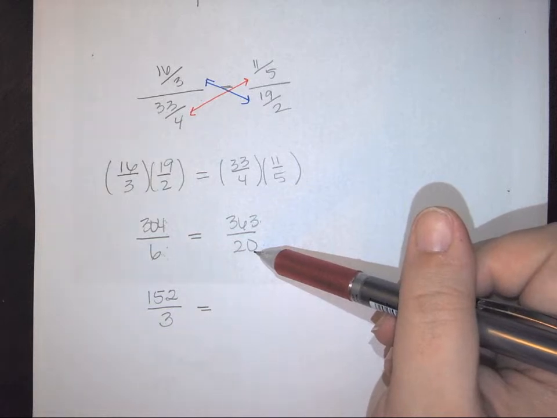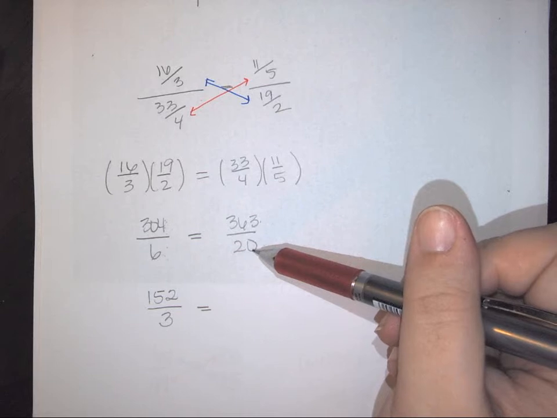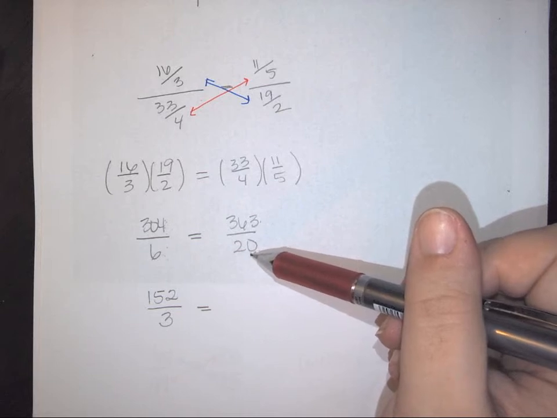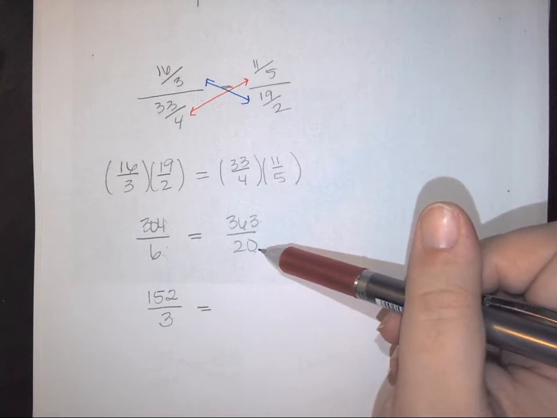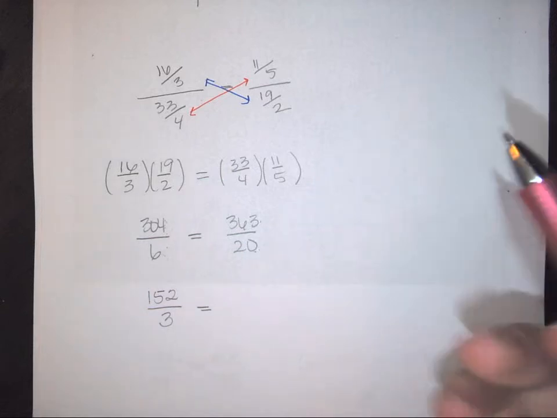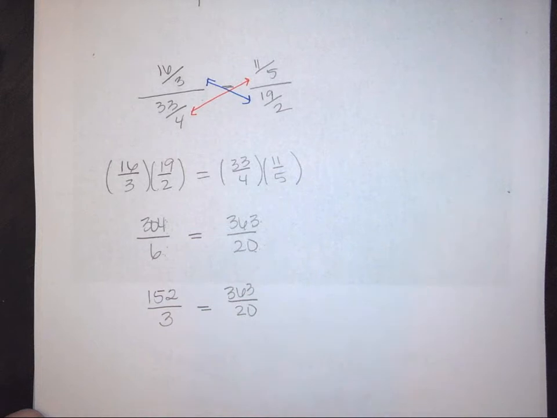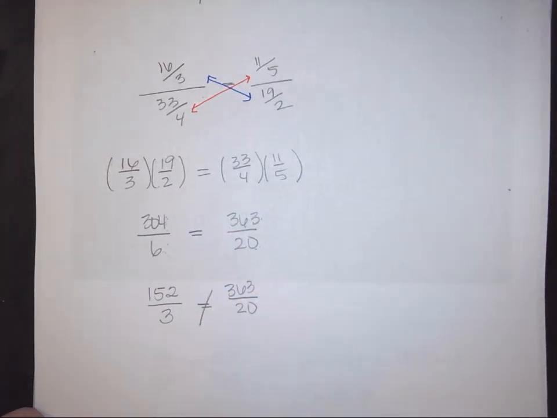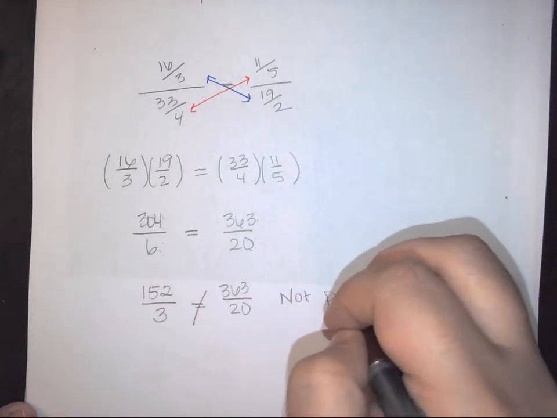Can I divide, say, a 4 out? Or basically, can I divide anything out that would come out of 20? And that answer is no, so this stays as 363 over 20. As you can see, these fractions are not equal. Therefore, they are not proportional.